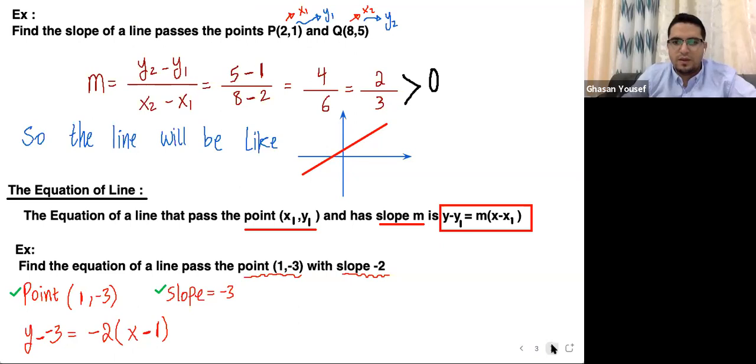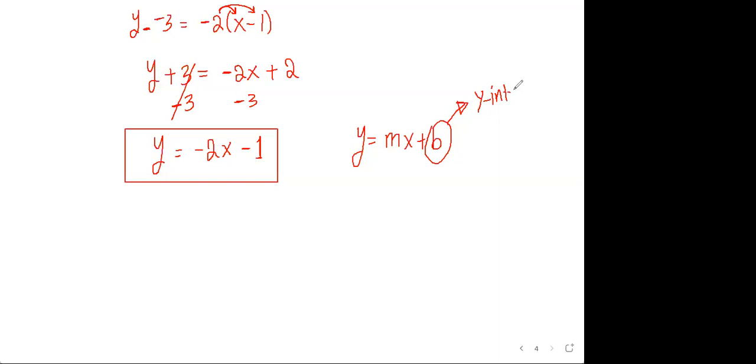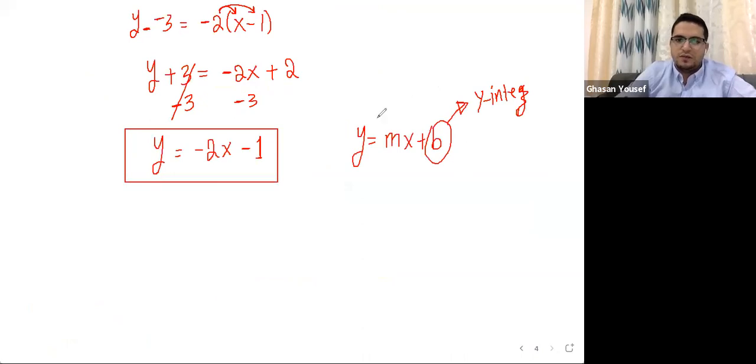The b is the y-intercept, but it's not given in the example. They give you in this example the point and the slope only. It does not give you the y-intercept. This point here, the x-coordinate, the 1, is not the y-intercept. The question does not give you the y-intercept. That's why you cannot use this formula.